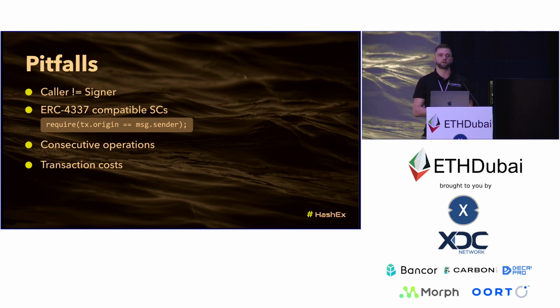This leads us to a limitation for a common check that was popular not long ago to protect from flash loan attacks, to restrict calling the contract from another contract. It's tx.origin equals msg.sender, and it does not work now with account abstraction.